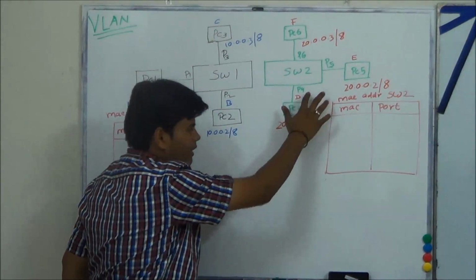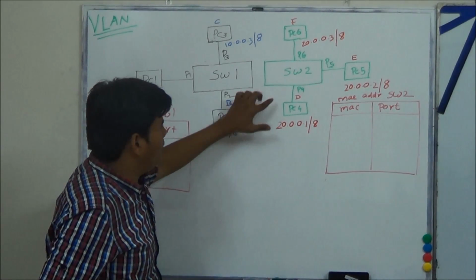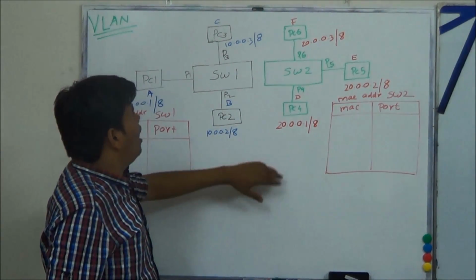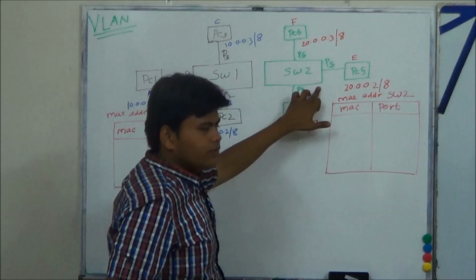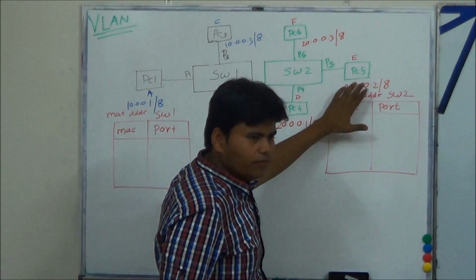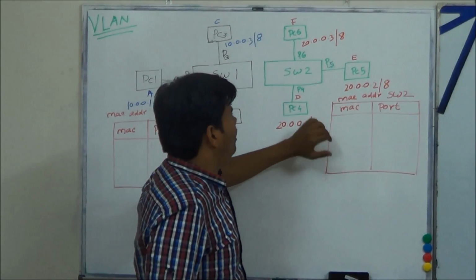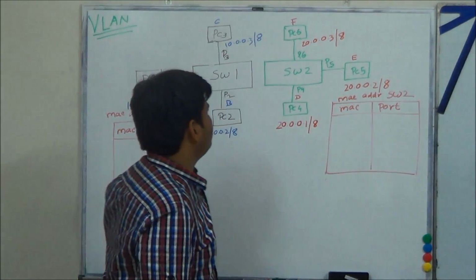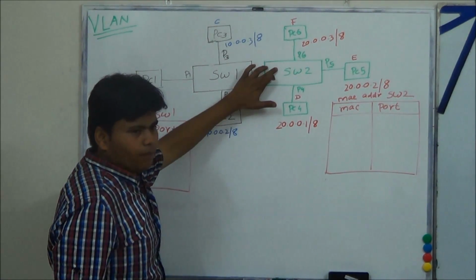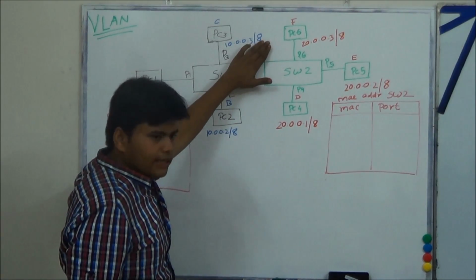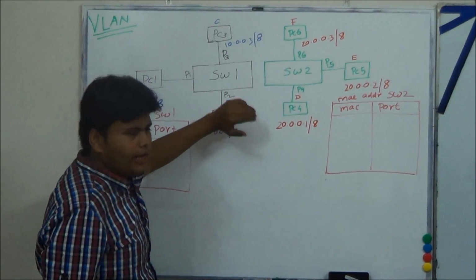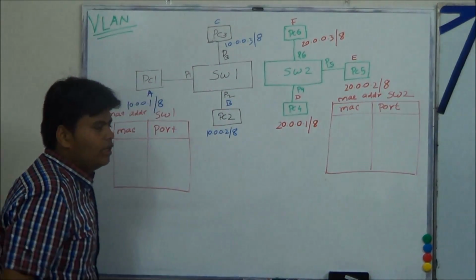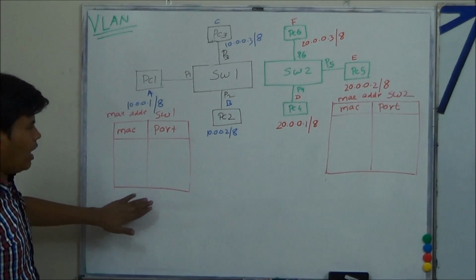Port P4 of switch 2 is connected to PC4 having MAC address D and IP address 20.0.0.1/8, port P5 is connected to PC5 having MAC address E and IP address 20.0.0.2/8, and port P6 is connected to PC6 having MAC address F and IP address 20.0.0.3/8. Initially, the MAC address tables of both the switches are empty.